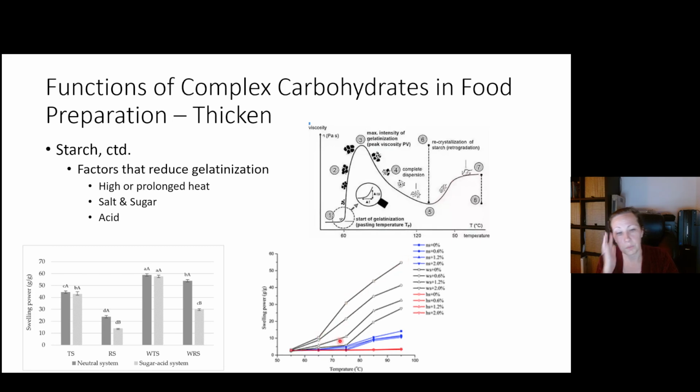So you can see as you add more salt, you reduce the swelling power. In addition, amylopectin, the waxy starches, are going to have greater swelling power compared to starches that have a greater proportion of amylose. And that's because the amylopectin has lots of branches, so there's more crevices for the water to go into.